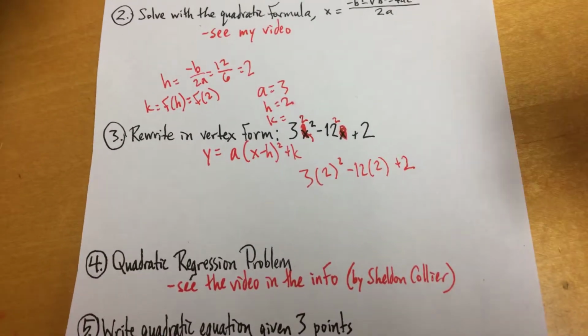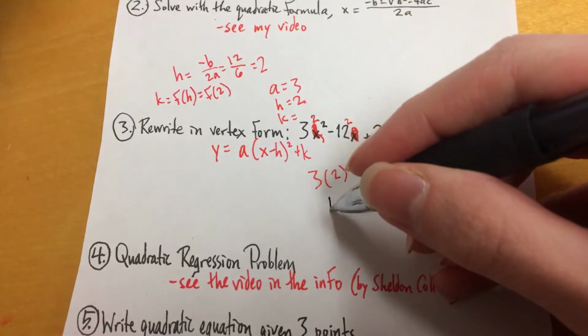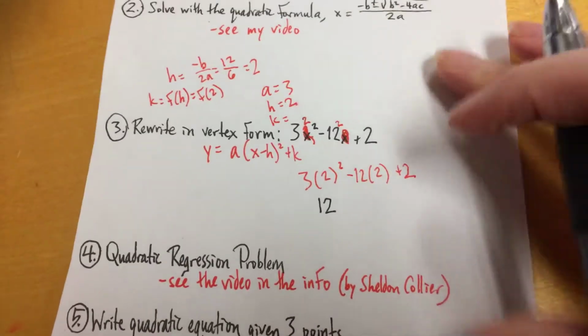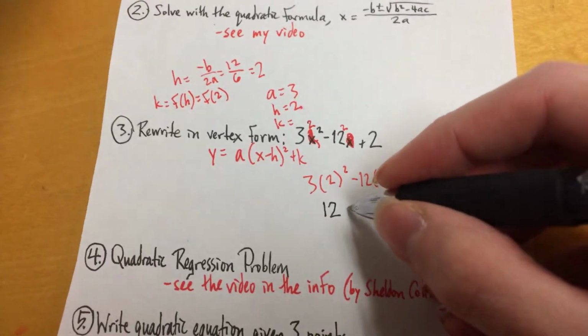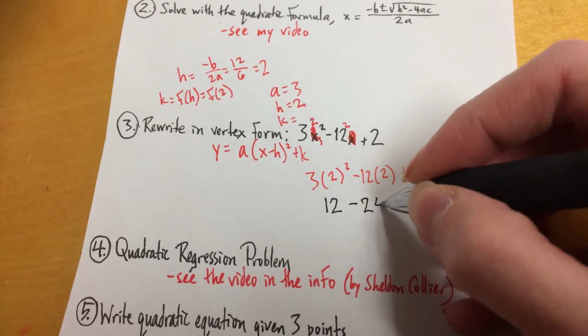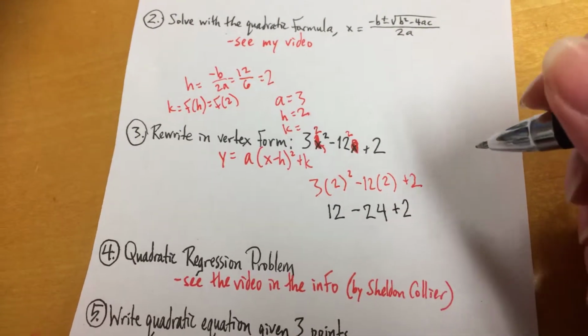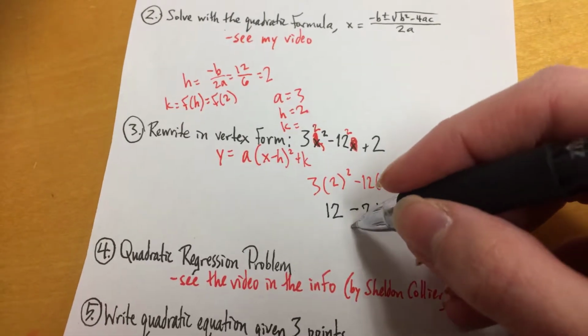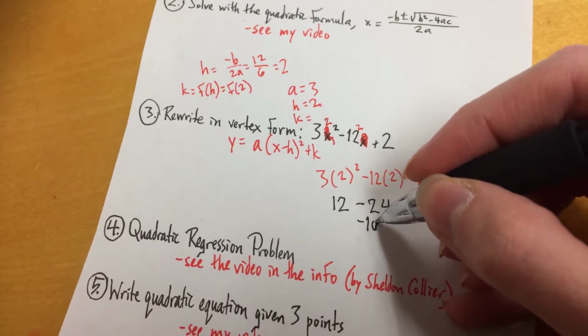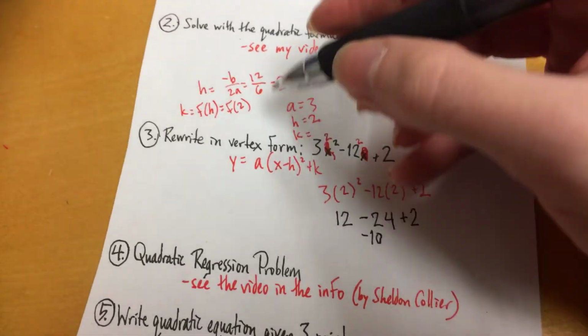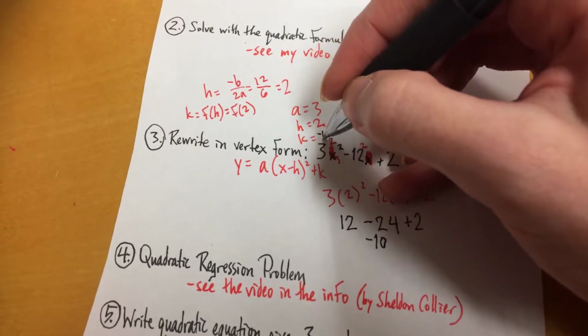So that's going to be 3 times 4, which is 12, because we're following order of operations, and then minus 12 times 2 is 24, and then plus 2, which is going to give us negative 10. So that's our k value, negative 10.